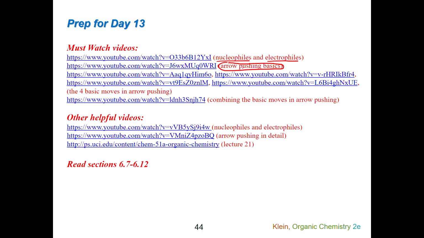And we're going to talk about curved arrows to show electron movement in other reactions, right? We've already talked about curved arrows in acid-base reactions, and we're going to start to talk about other types of reactions in more detail as well. So check that out in preparation, as well as obviously the quiz that's due for day 13 for next Tuesday.